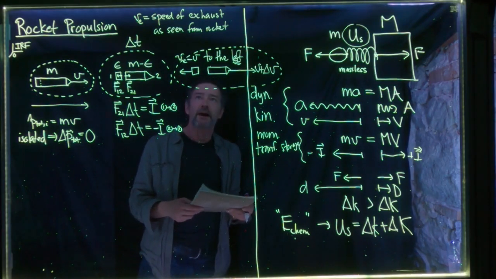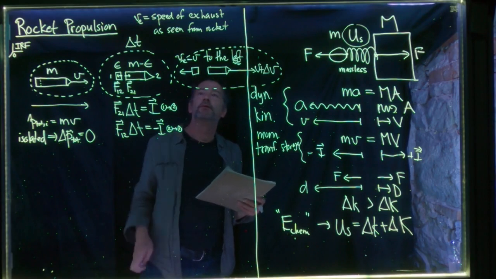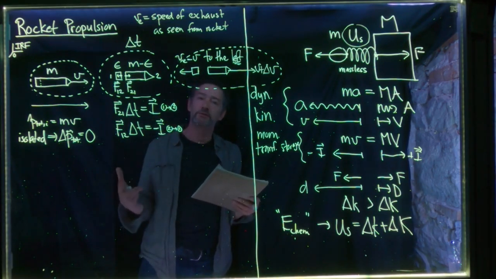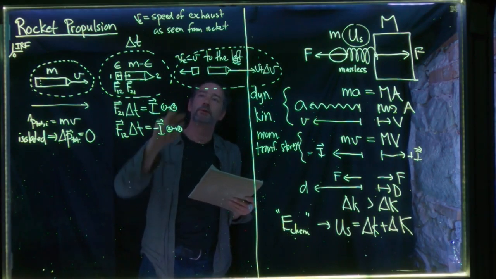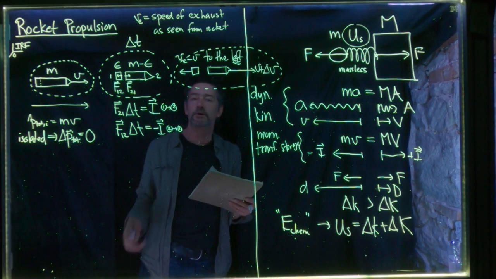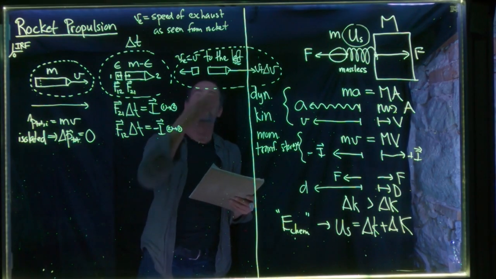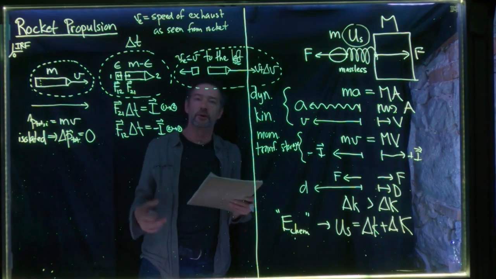This is a really important point because we're going to discover that a rocket can go faster than the exhaust gas particles you're throwing out. Typically, exhaust gas particles for a chemical rocket move at about 4 kilometers per second, whereas you can get a rocket going at least 11 kilometers per second. That's the escape velocity from the surface of the Earth, right?